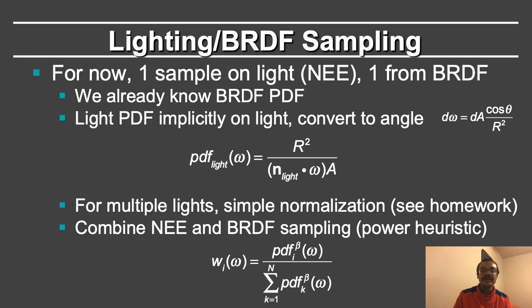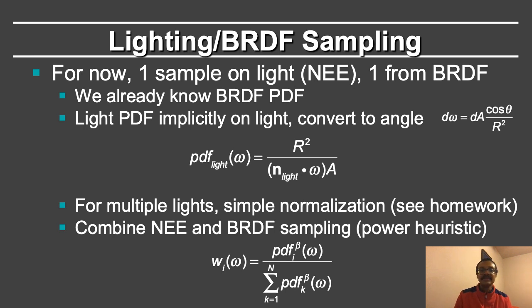We have to convert the light probability distribution function to one over the angular domain. That can be done by applying this formula, d omega is equal to dA cos theta by r squared, or equivalently dA is equal to d omega times r squared divided by cosine theta.